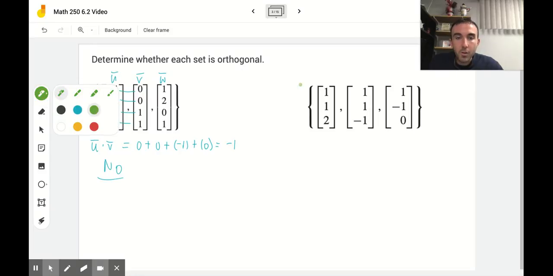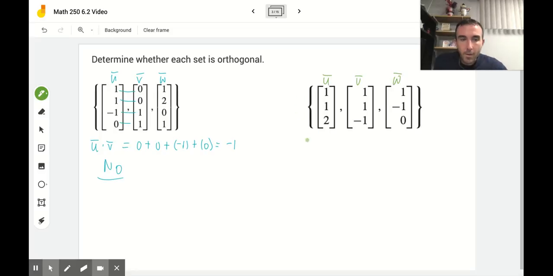However, if I go to the second group, let me call these u, v, and w as well. If I find the dot product here of u and v, that gives me 1 plus 1, and then I have -2 on the bottom. Those do add up to 0.